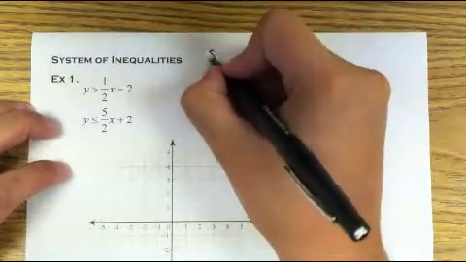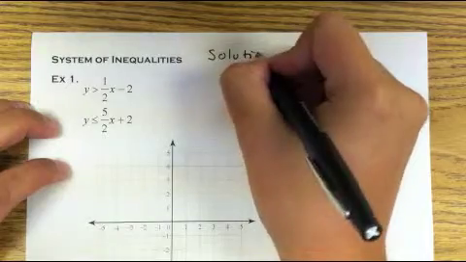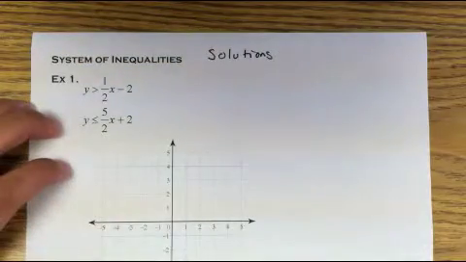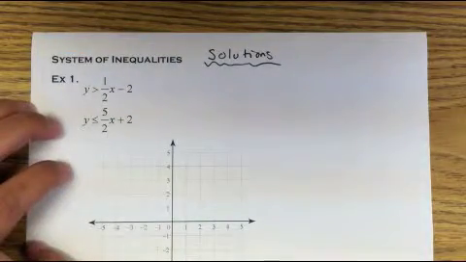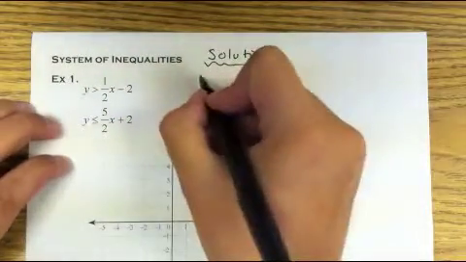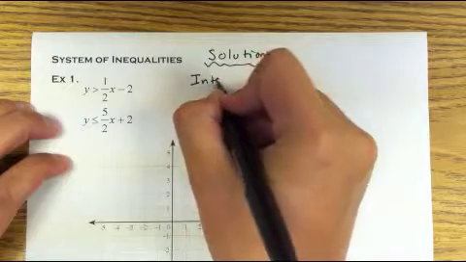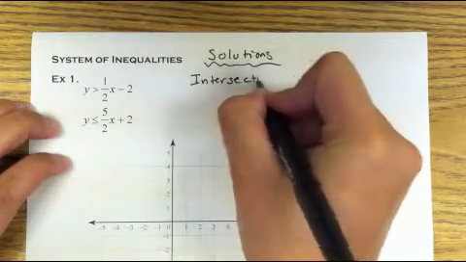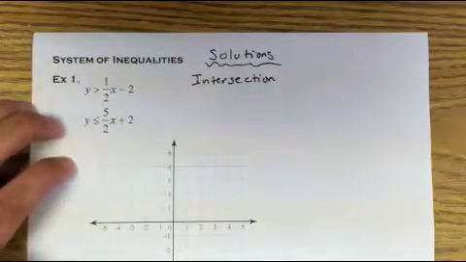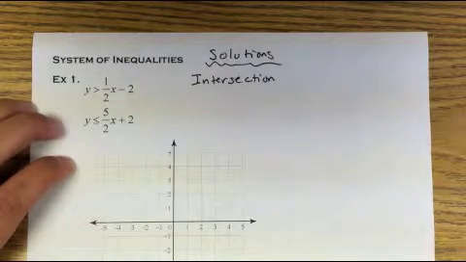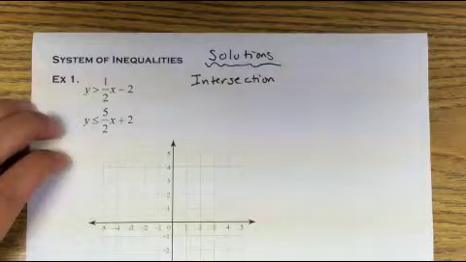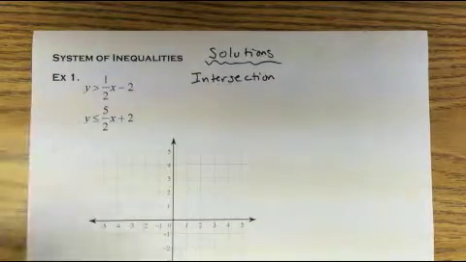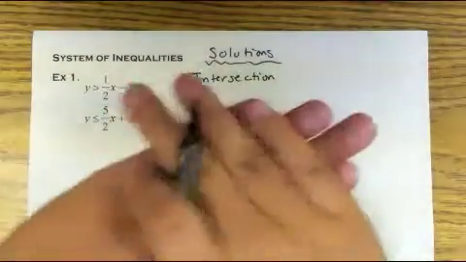So when we talk about solutions, it's a little bit different than what we were talking about earlier. We are still looking for an intersection, but it's actually going to be a region. It's going to be much larger. We're going to take our two shaded areas and put them on top of each other.